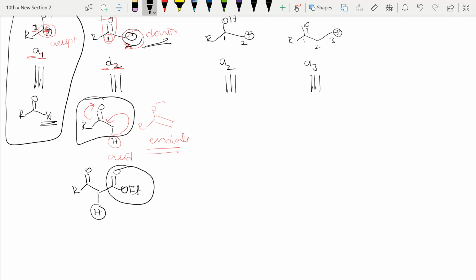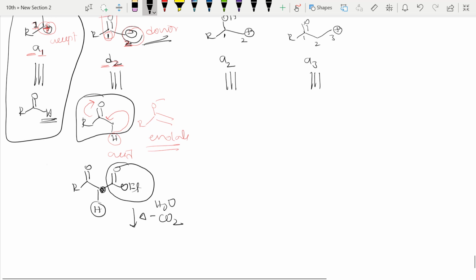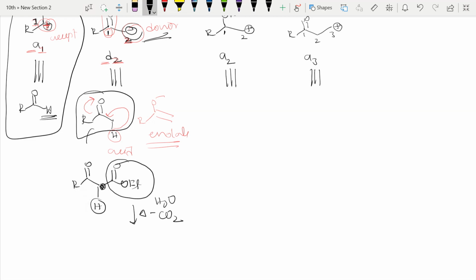How we eliminate that I have also told. First we hydrolyze it so that it is converted to acid, then we heat it so that carbon dioxide is lost and the H comes and adds here, right? So we can write it in ketone form, or in anhydride form also, because we can eliminate that ester group by converting it into acid, followed by heating, carbon dioxide will be lost and we get it back, right?